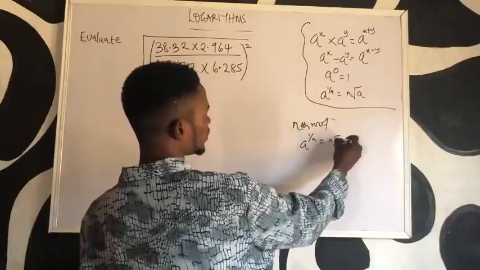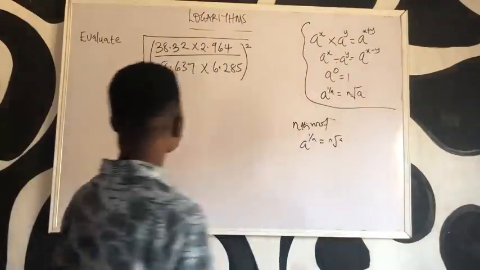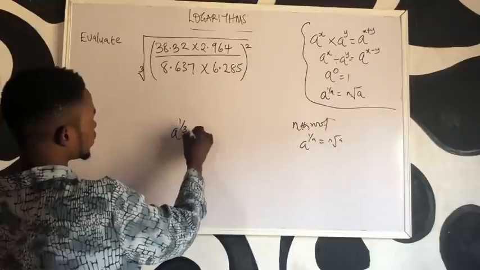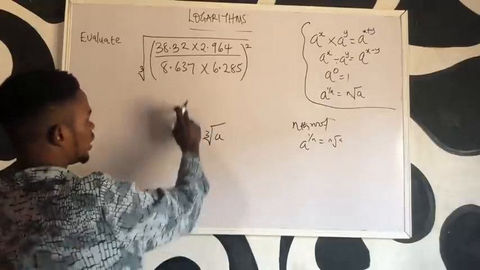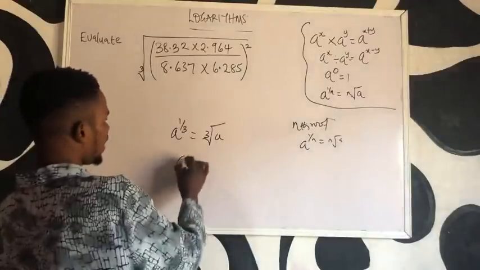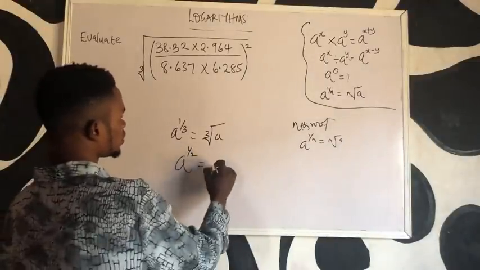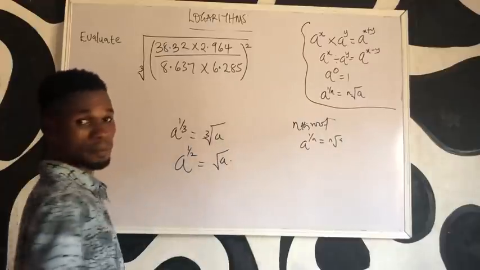So a raised to 1 over 3 is the cube root of a, while a raised to 1 over 2 is the square root of a.